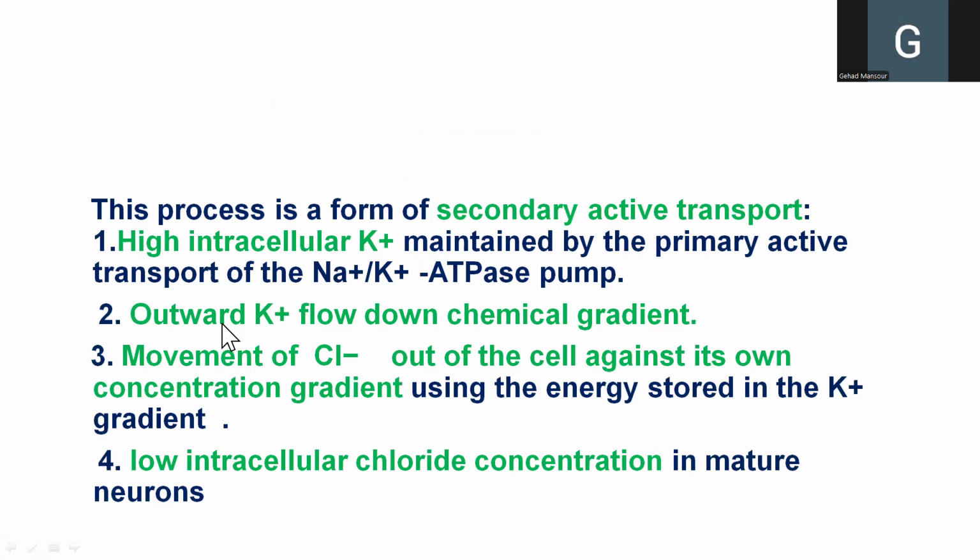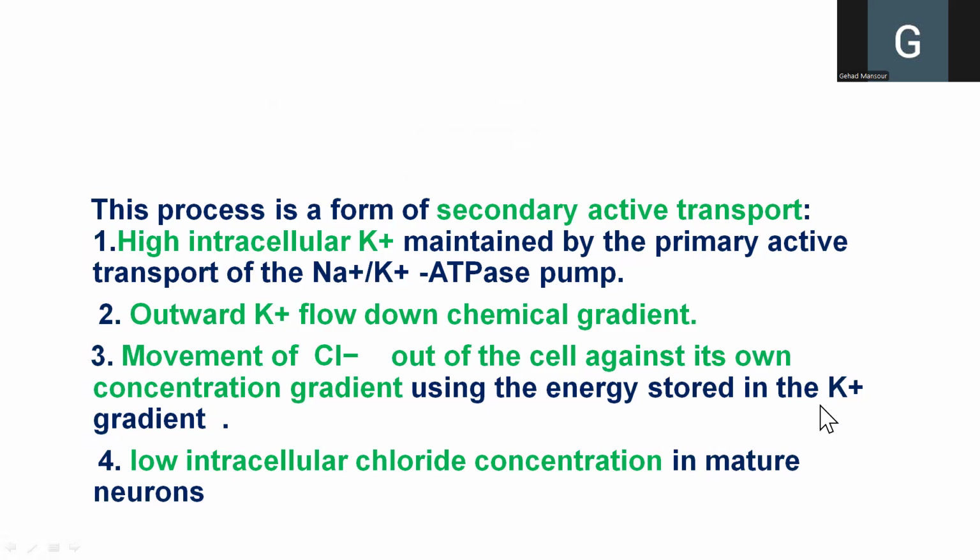But afterward, there will be a passive outward flow of potassium down the chemical gradient, but this time along the co-transporter. And at the same time, we will have simultaneous pumping of chloride ions out, and it is active because the chloride is already very high outside, and we are pumping it against its concentration gradient.